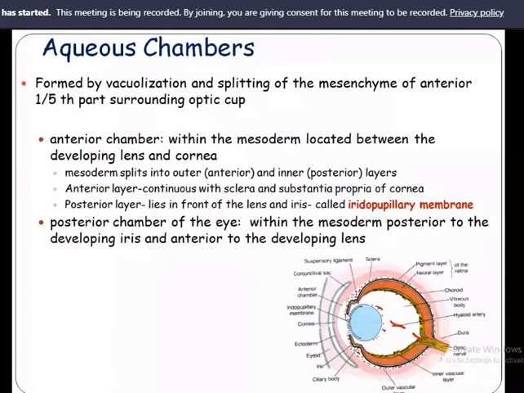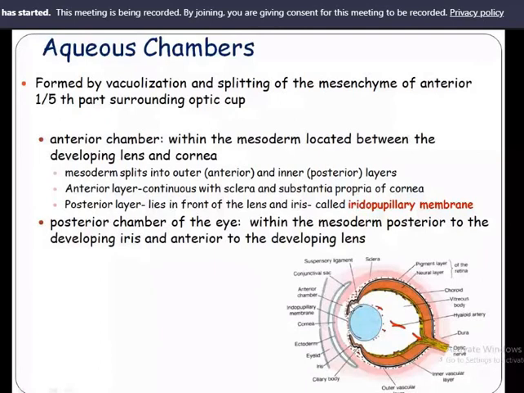Now you can see over here the pink color is known as the mesoderm. How is the anterior chamber formed? The anterior chamber is formed by the splitting of the mesoderm present between the iris and the cornea.